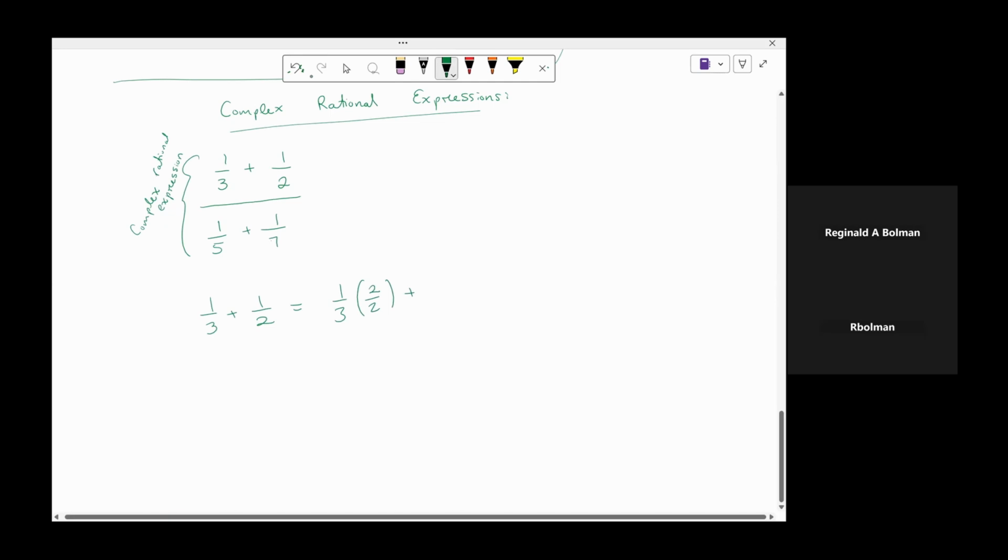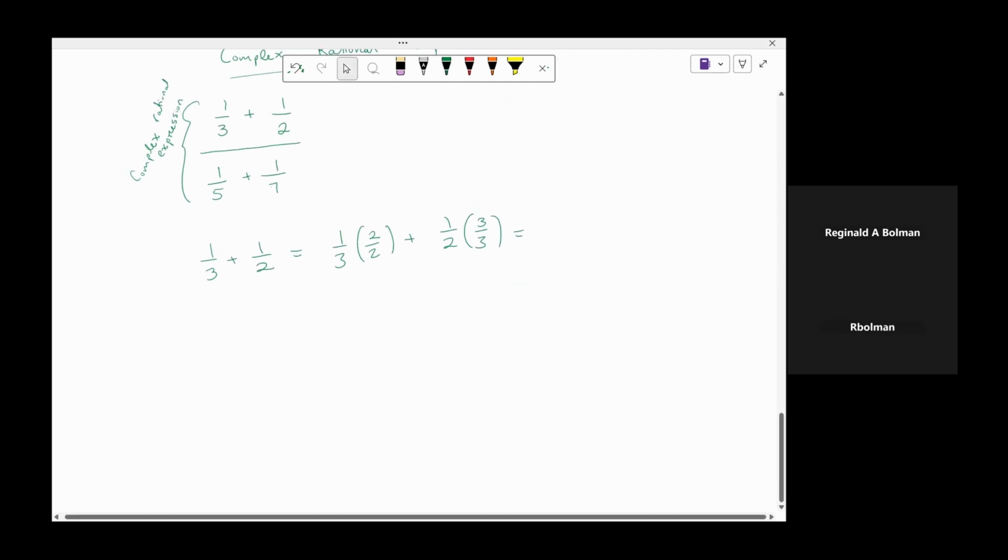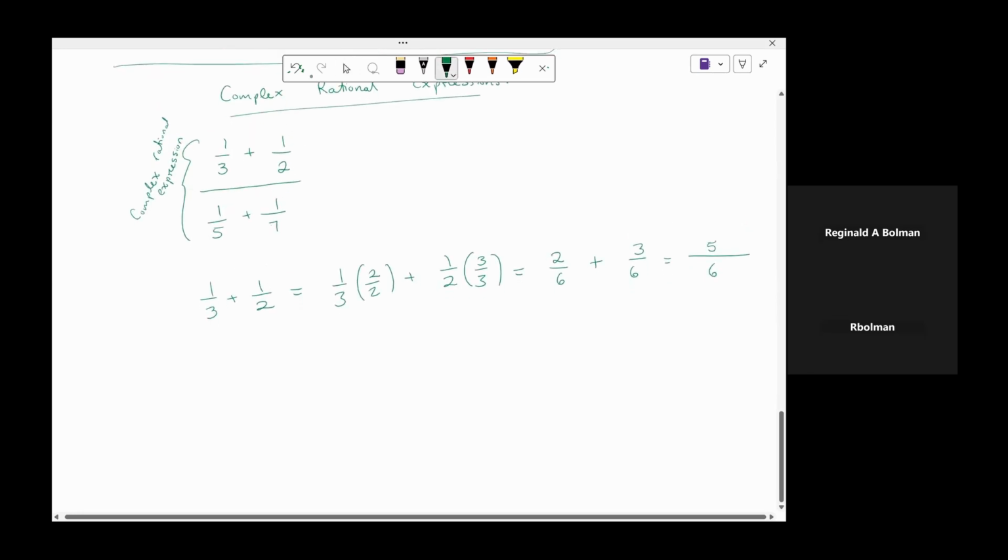One method would be to multiply by the opposing base. 1/3 times 2/2 would be 2/6. And 1/2 times 3/3 would be 3/6. And of course, when you add these two fractions together, you get 6 in your denominator. 2 plus 3 gives you 5. So all of this nonsense in our numerator simplifies to 5/6.